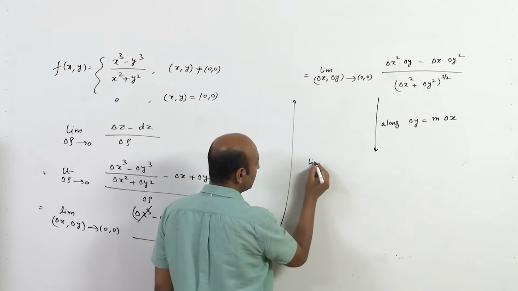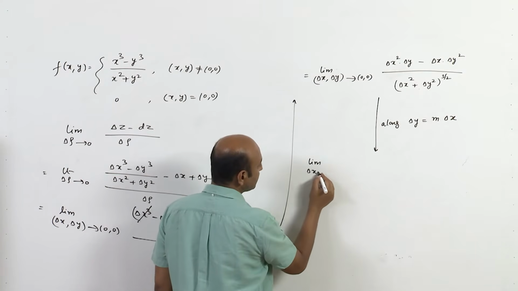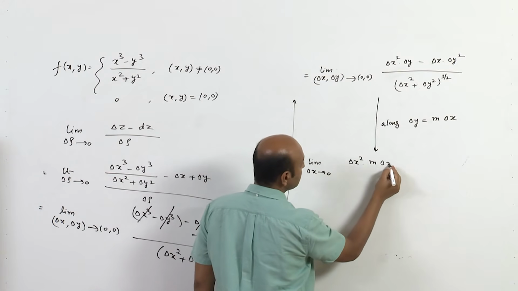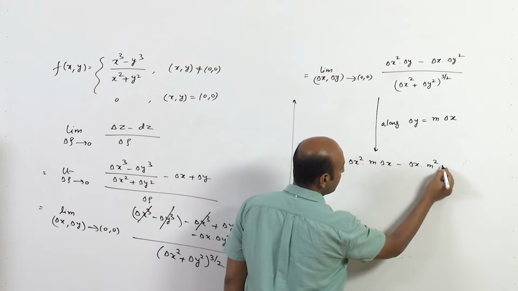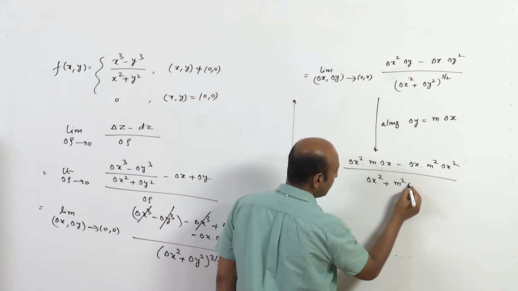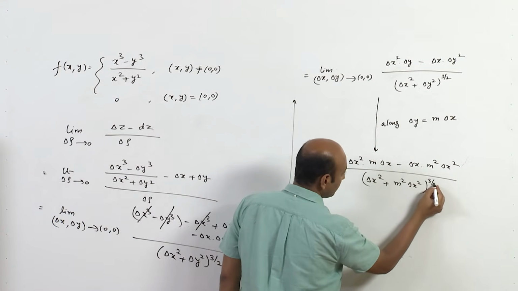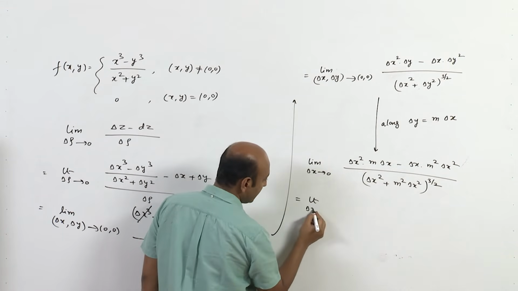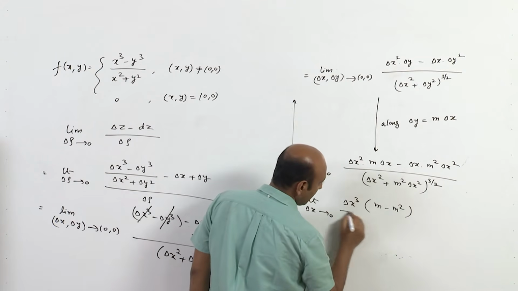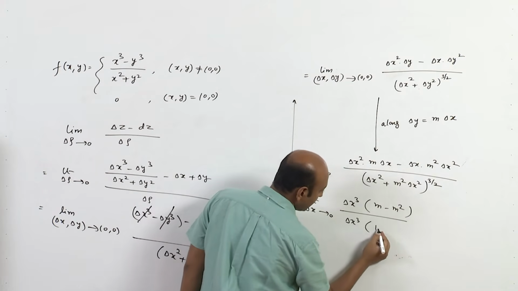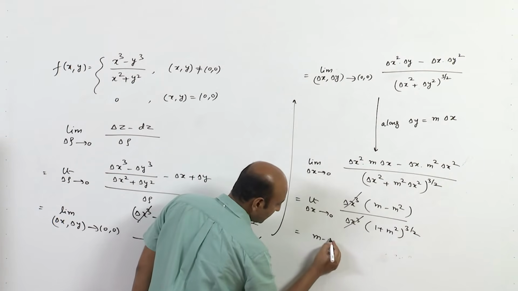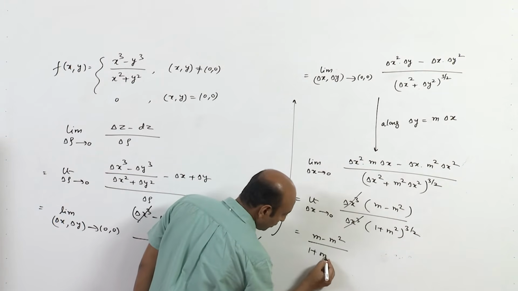If you move along this path, then it is delta x square into m delta x minus delta x into m square delta x square upon delta x square plus m square delta x square whole raised to power 3 by 2, and this will be equal to limit delta x tending to 0 of delta x cube (m minus m square) upon delta x cube (1 plus m square) whole raised to power 3 by 2. So, this will cancel out and this will be m minus m square upon (1 plus m square) whole raised to power 3 by 2.